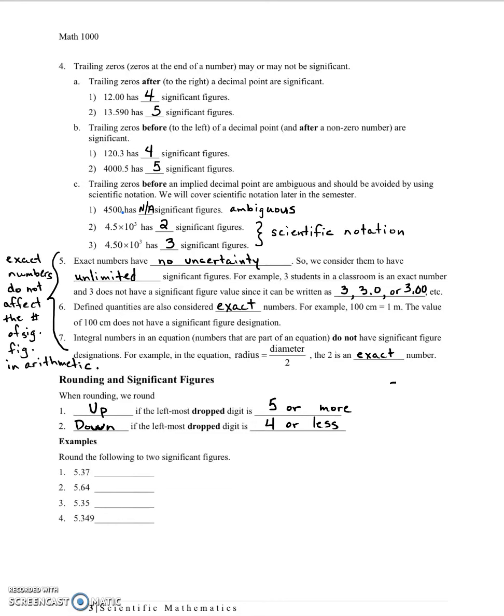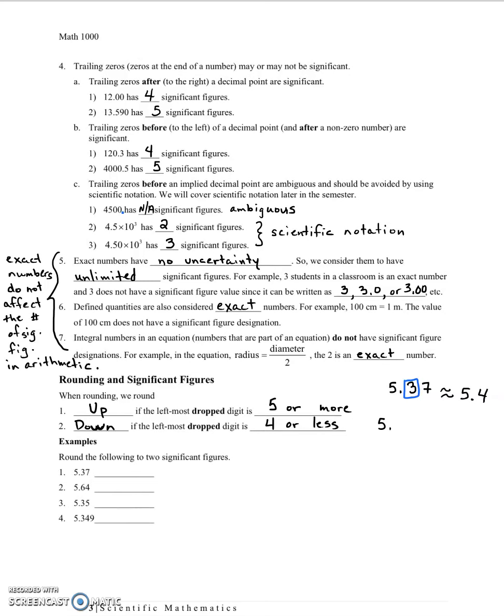So, rounding up, if I had 5.37 and I said round it to this place, then I look to the right. The 7 is the rightmost dropped digit. It is bigger than 5, so when I round up, and so where the 3 is, it becomes a 4.